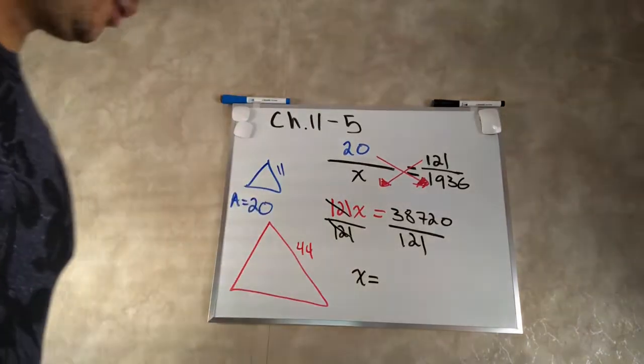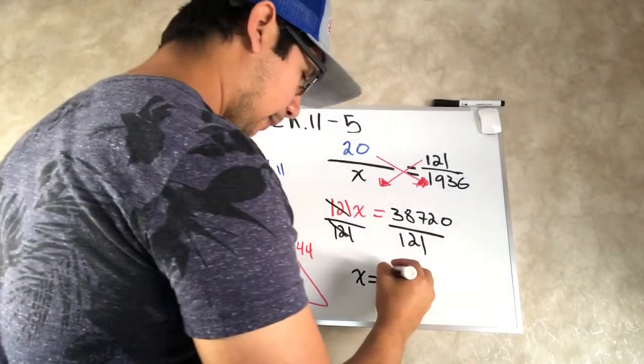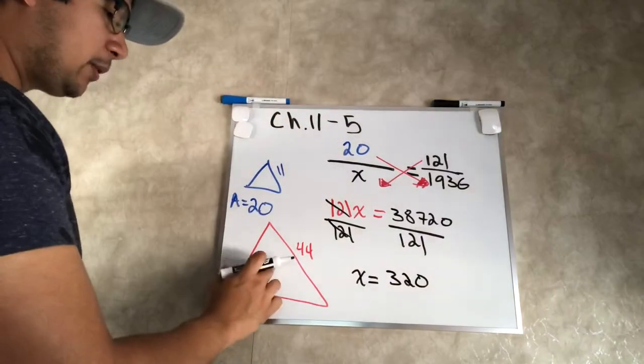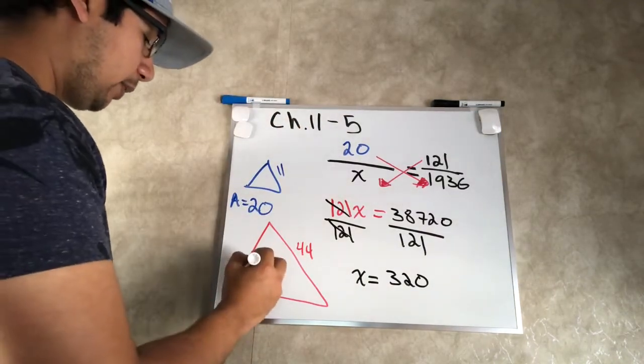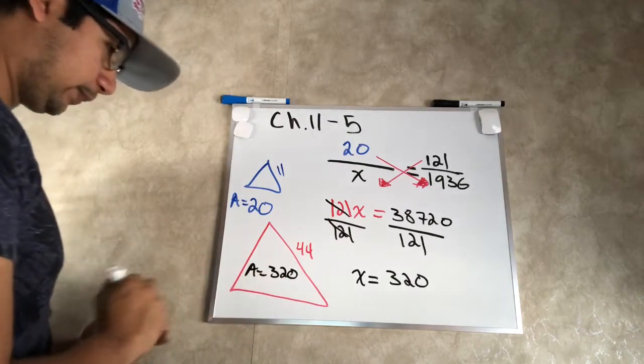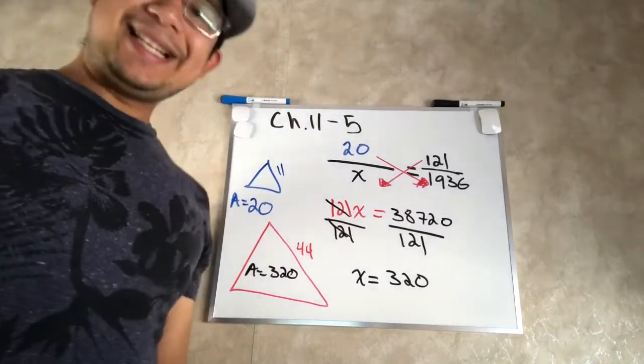This is 320. Okay, so that means that the area of this red triangle is going to be 320. Okay, easy peasy lemon squeezy.